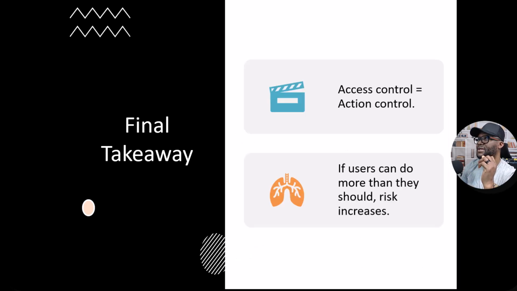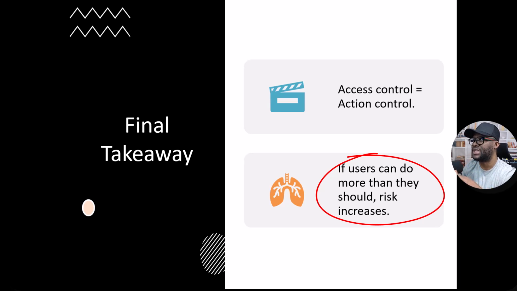Final takeaway: authentication controls access to systems. Authorization controls access to impact. If a user can delete data, export data, or modify transactions without restrictions, then your risk is no longer potential. It is already realized.